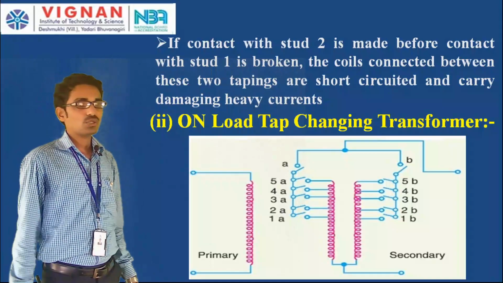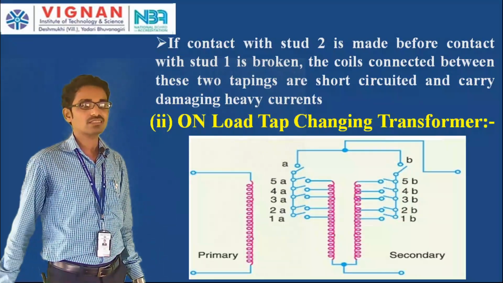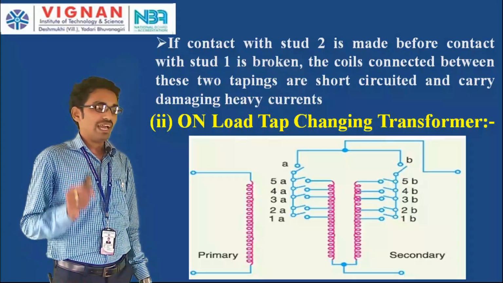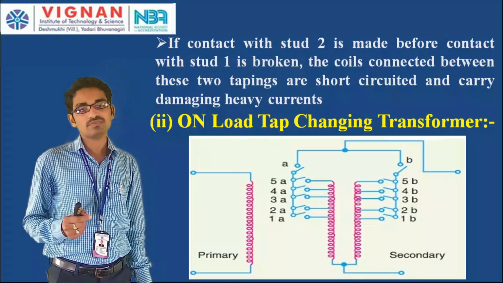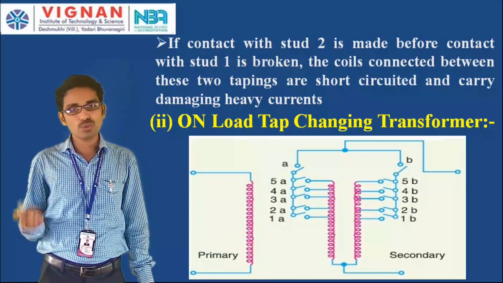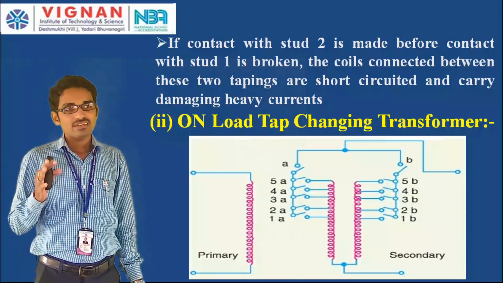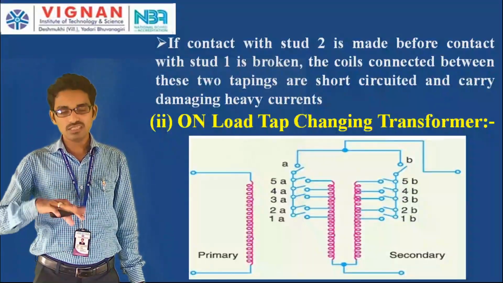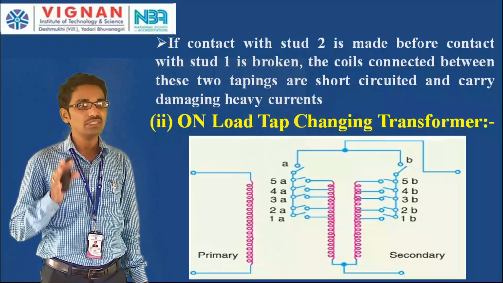So, in order to overcome this disadvantage, we need to vary the secondary winding tappings while the load is switched on. That means we need not provide discontinuity of supply to the consumers; we have to provide continuity of the supply.